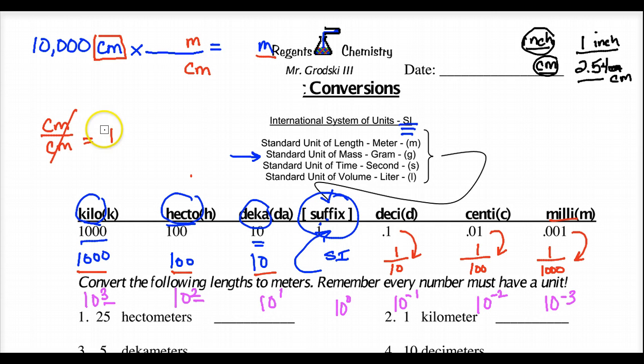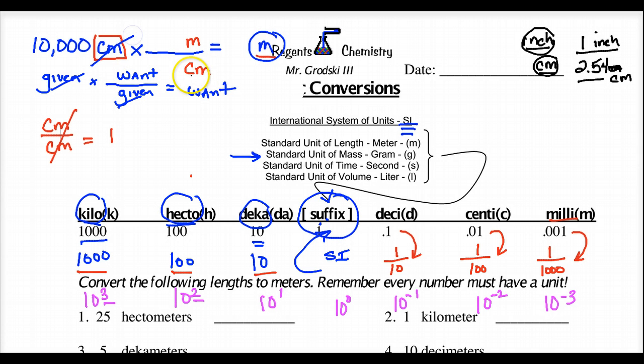The basic way to do this is to take your value that's given and times it by a converting factor where you put the given unit on the bottom and the unit you want goes up top. And what's going to happen is the given will cancel and you'll get what you want. Look what I have here, party people. I want meter, so I'm going to put centimeter on the bottom. Centimeters cancel and I'm left with meter.